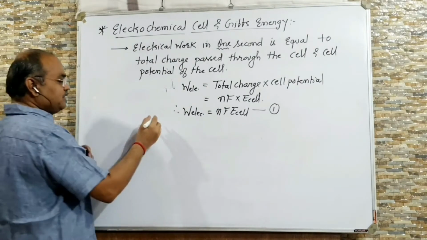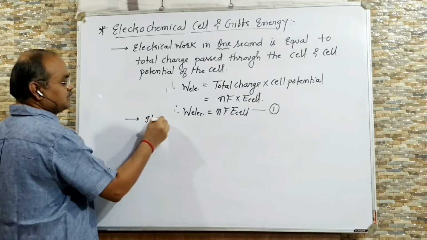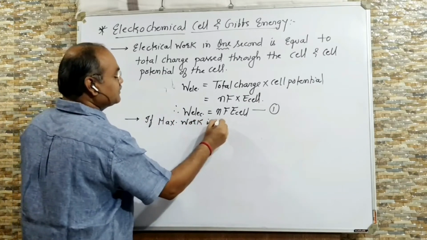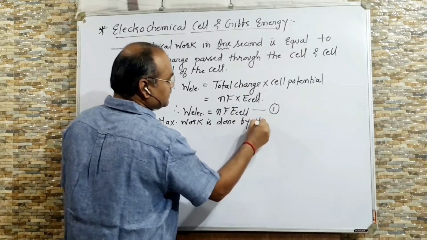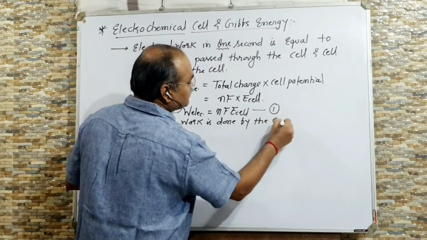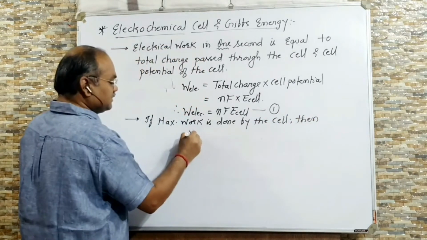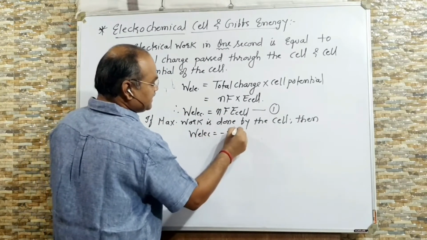Now, if maximum work is done by the cell, then W electrical is equal to minus nF E cell.